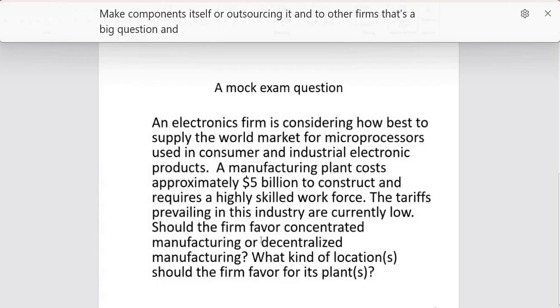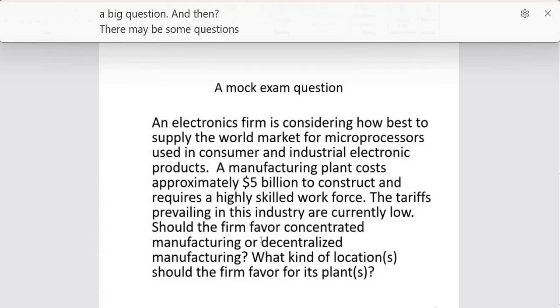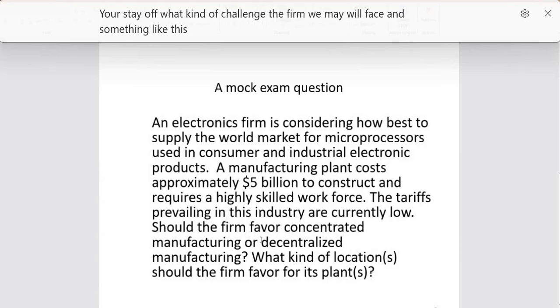And then there may be sub-questions, for example, if you make it yourself, what kind of challenges will the firm face, and something like this. One big question has some sub-questions. Then that is 1 question set.